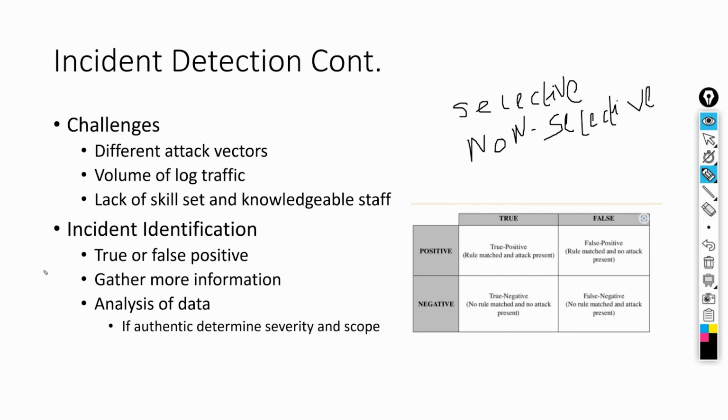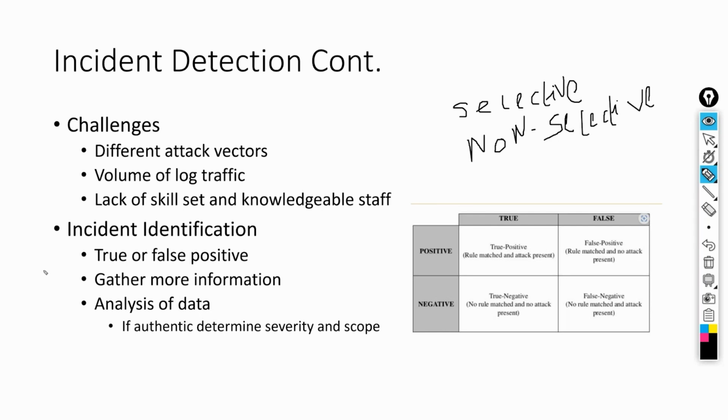That is the reason we go for a non-selective one. In a non-selective policy, let's say it contains 15 rules, it will evaluate all 15 rules, but if there is no match, it will still go ahead and create an offense, even for the traffic which did not match any rule.